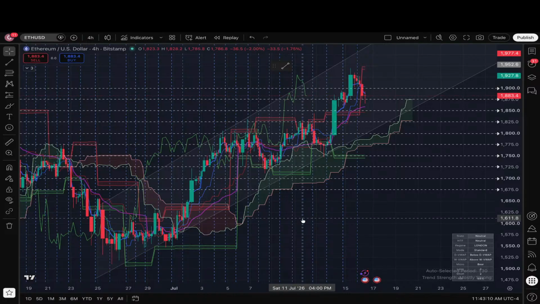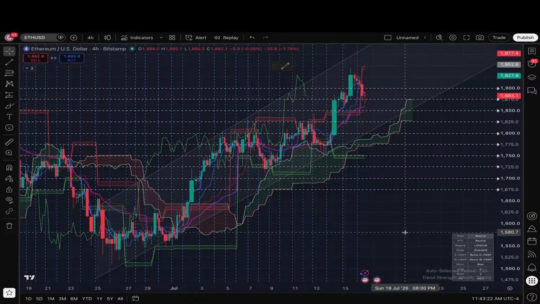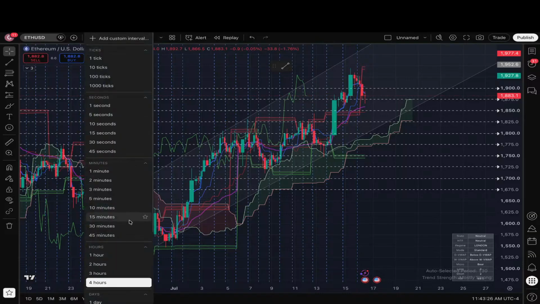So what we'll do here is, when I first began to do my analysis, I would take my TradingView chart and download the chart data for each time frame. So for example, 5 minute, 15, 30, 1 hour, 4 hour.